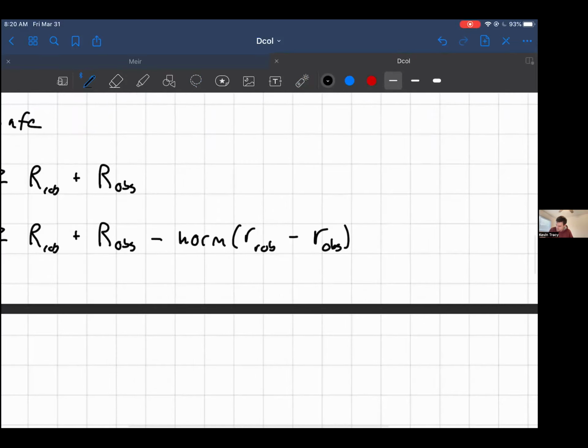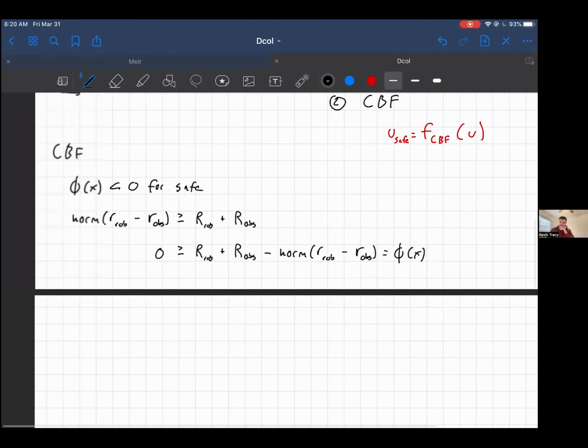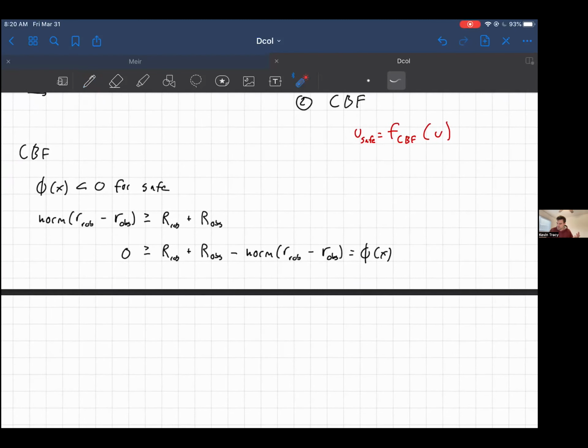And now this is my safety function. You see how I started out with just my generic safety constraint, and I rearranged it so that it is consistent with this definition of what safe is. When phi is less than 0, it's safe. When it's greater than 0, it's unsafe. So this is my control barrier function. You're going to see CBF drawn everywhere. The actual barrier function is this right here. This is my safety function.